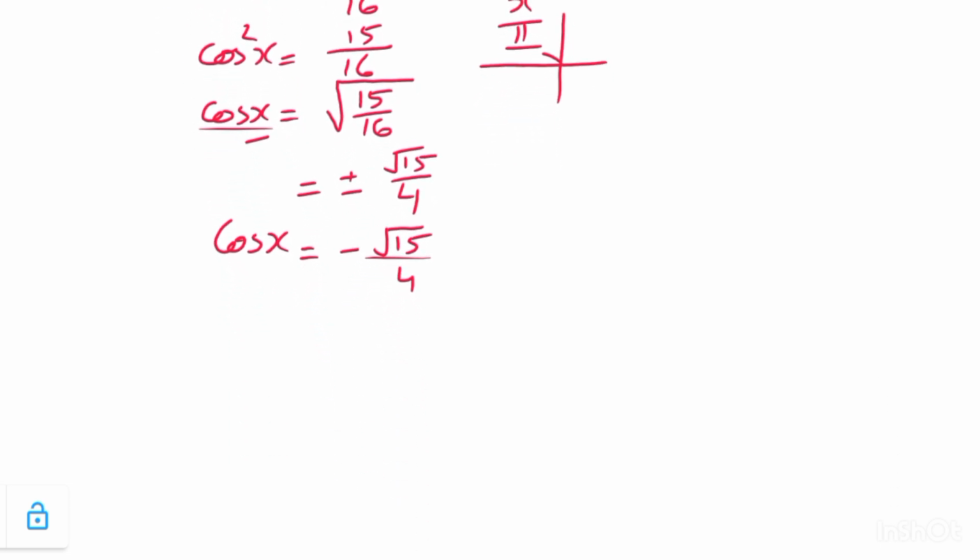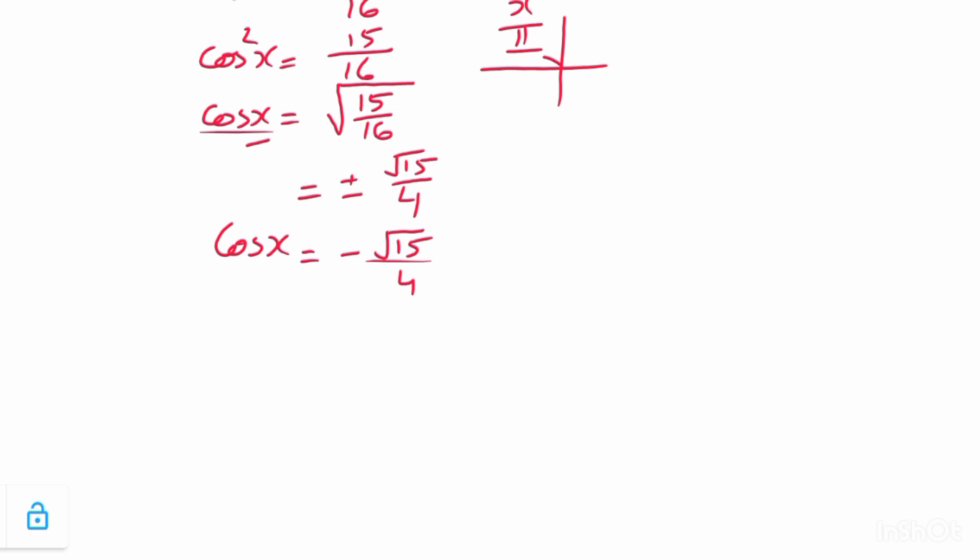Now we know the value of cos x, so from cos x we can find out the value of cos x by 2 by the same method that was used in question number 8 and 9. So we know that cos x is equal to 2 cos square x by 2 minus 1.